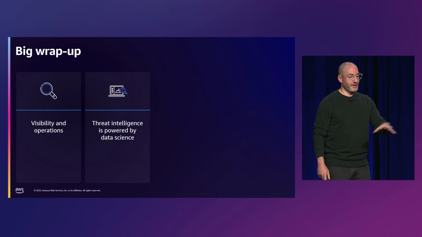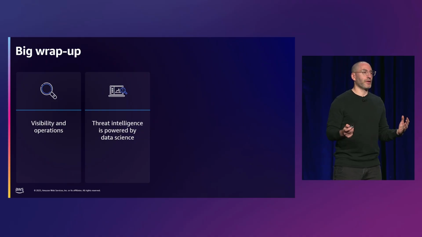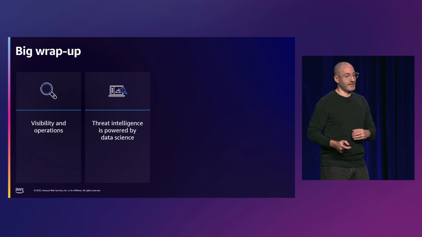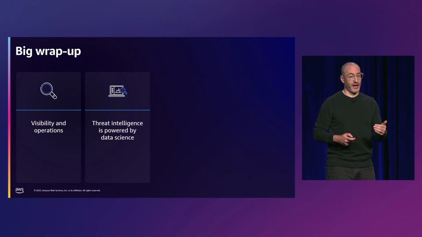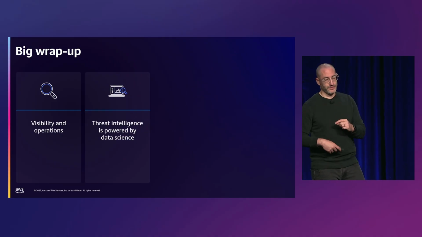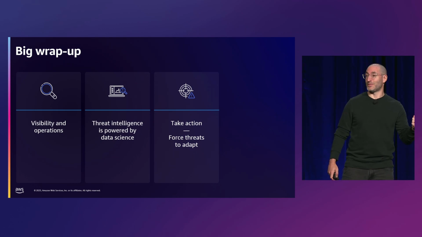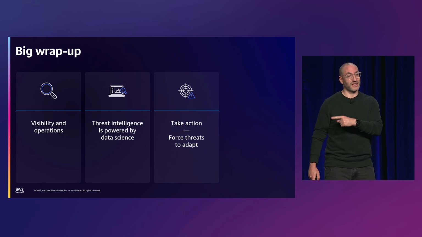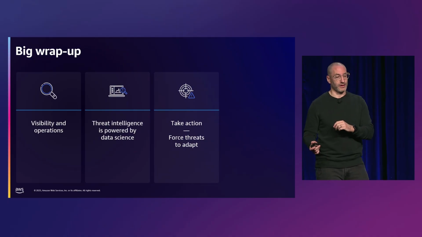And then turning these observations into intelligence at global scale, it really requires data science, right? We need to scale via automation, and automation requires really powerful models that can make decisions that are both precise and fast. We really are keenly interested in intelligence because it's only as good as the actions that follow it, right? And so we choose to disrupt threat activity and make their operations more difficult and costly.